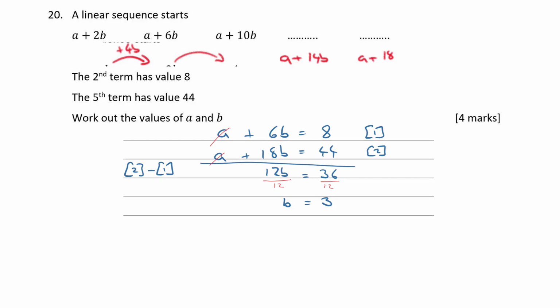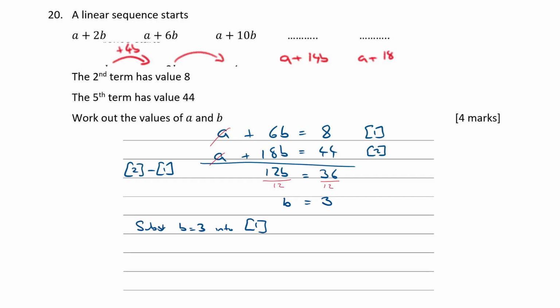Okay, now I've got B, I can work out A, can't I? So let's sub that back in. So substitute B is equal to 3 into either one. I'm going to go for the simple one, equation 1. So substitute B is equal to 3 back into equation 1. That tells me that A plus 6 lots of 3 is equal to 8.